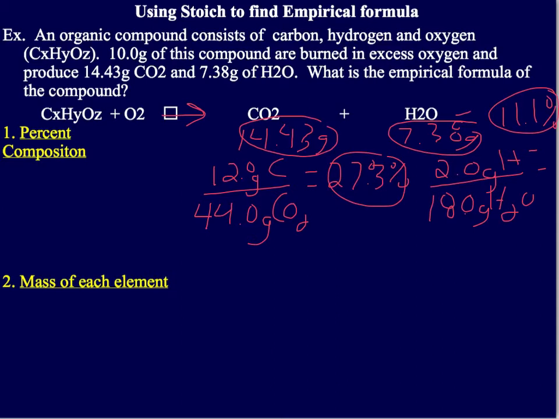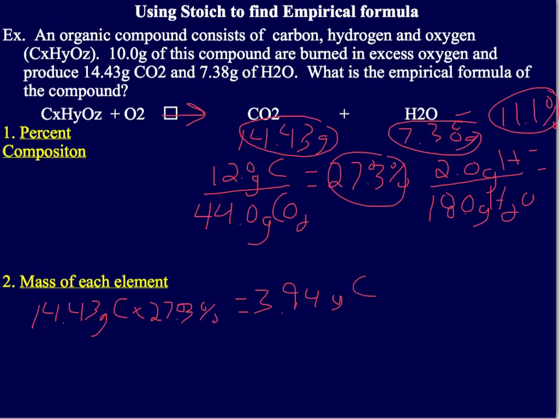So let's go down here at the bottom. 14.43 grams of carbon dioxide times 27.3% equals 3.94 grams.